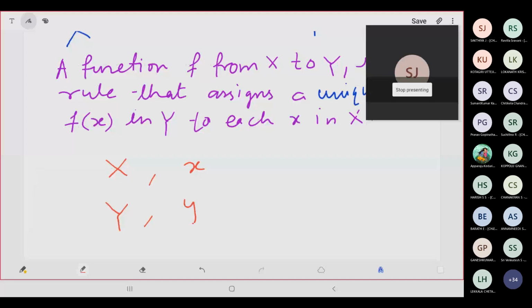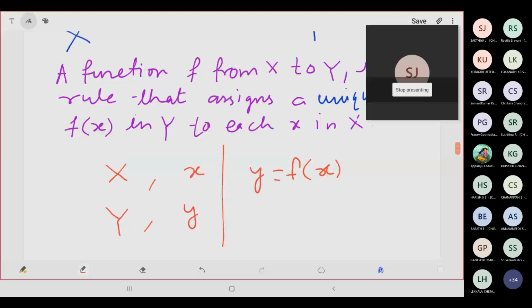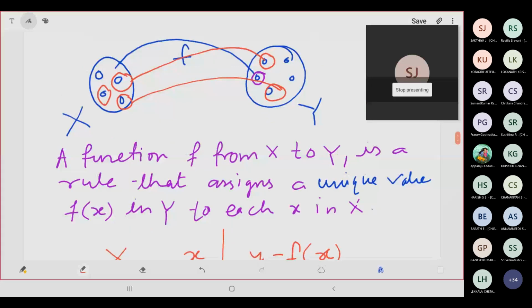So similarly, the representation is that you can write y is equal to f of x. What is the meaning of y is equal to f of x? That means you can say that y is a function of x. Graphically, suppose this element is x and this element is y.